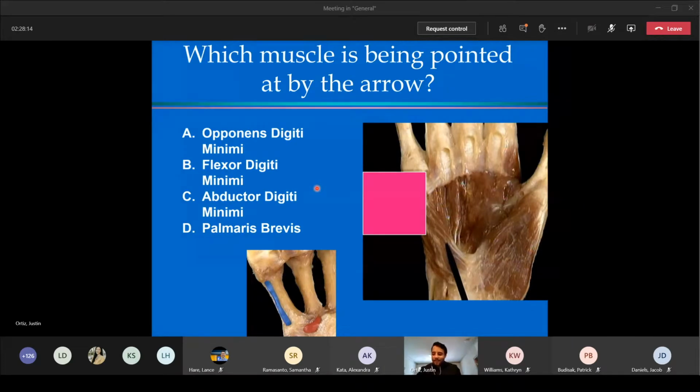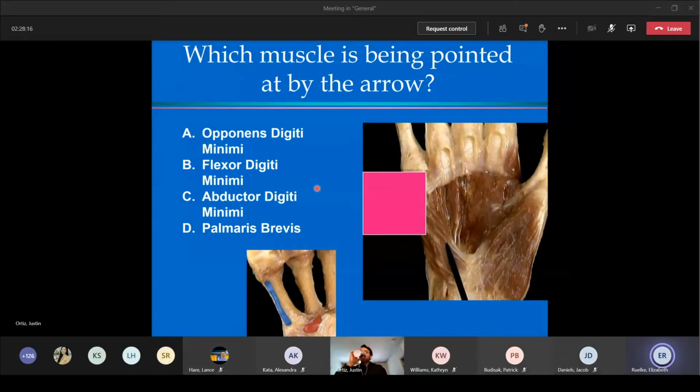Hey, Justin, a real quick question. So the LOAF is the muscles between the hypothenar and thenar regions, and the LOAF is the innervation of the median nerve? Yeah, so half of LOAF is going to be median nerve. Lumbricals 1 and 2 are median nerve, as well as the OAF on the thenar eminence side.